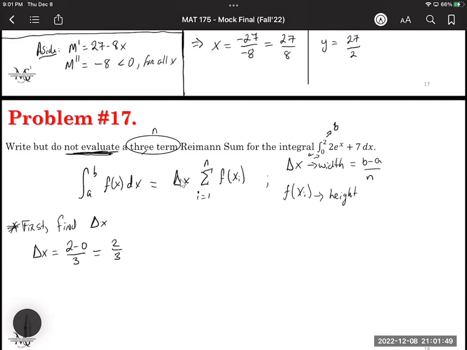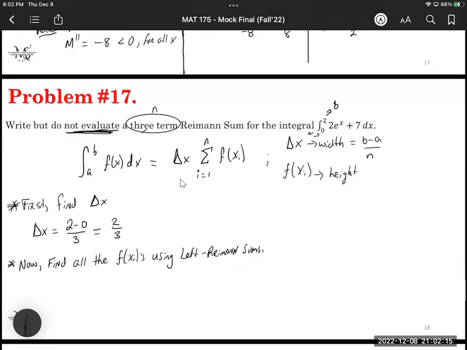Now you can go ahead and find all the f of xi's using left Riemann sums. When I use the left Riemann sums, I can use all the left endpoints of our interval of interest, right?